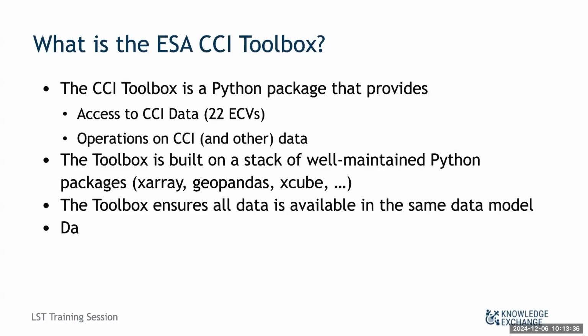And the second thing is that it allows you to work with this data, and the operations are built in a way that they are also applicable to potential other data sets, as the toolbox is not a monolithic system, but rather built on a stack of Python packages that are also widely used in other contexts like Xarray, GeoPandas, or Xcube, which will become of importance.